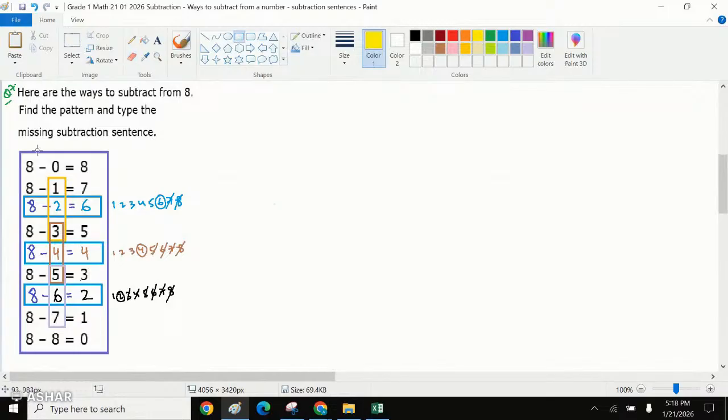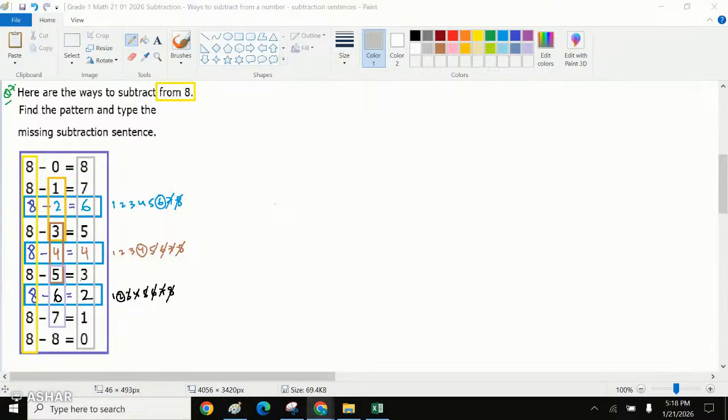So what we can see over here is that whatever we are subtracting from, that number would always be at the beginning, right? And finally, whatever answers we are finding, they would also go in descending order. Descending order means from the largest number to the smallest number. Okay?